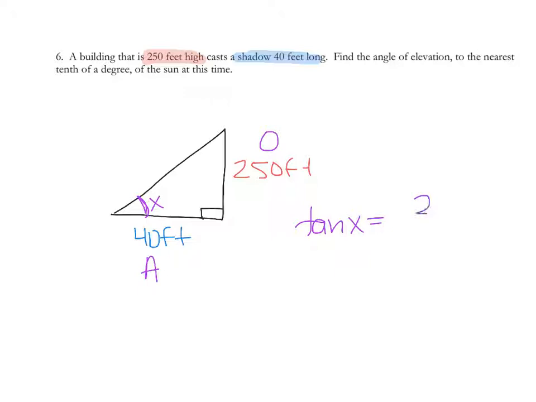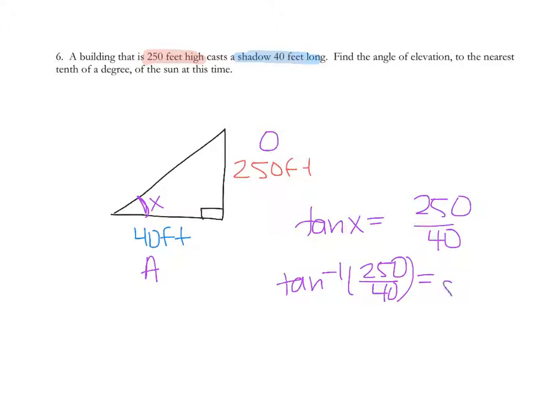Tangent x is equal to 250 over 40, and then we just have to do tan negative 1 of 250 divided by 40, and we get that that angle, just double checking here, is 80.9 degrees. So hopefully that clarifies wherever your question may have been.